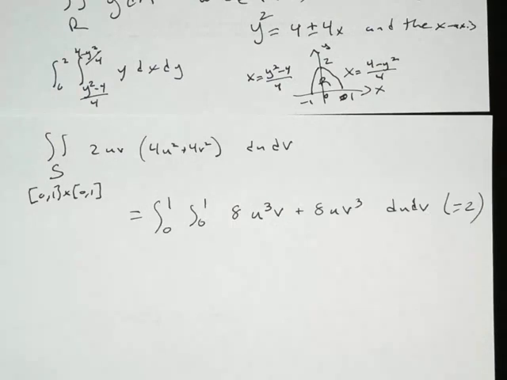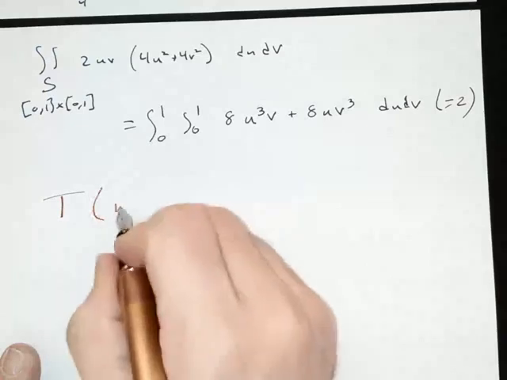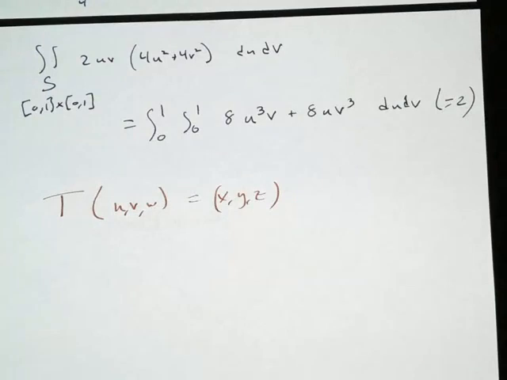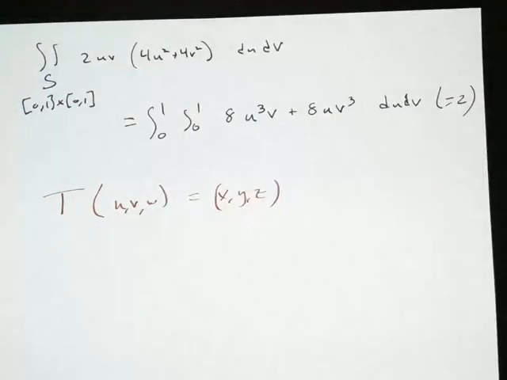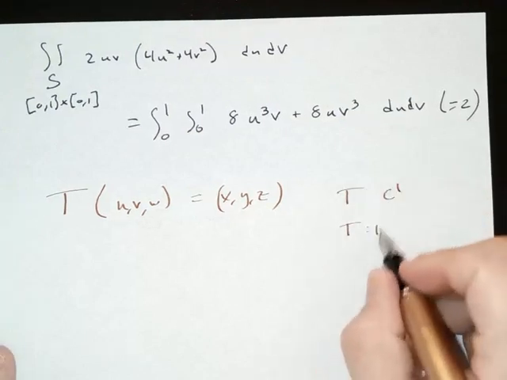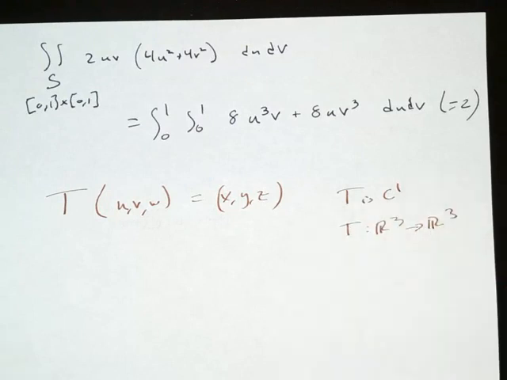Wait a minute, I said triple. We've only done doubles. Does this work for triple integrals? Yep. If I have a transformation that is C1, from 3 variables to 3 variables, I can absolutely do exactly the same thing.